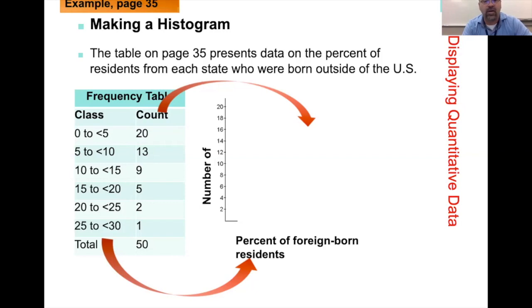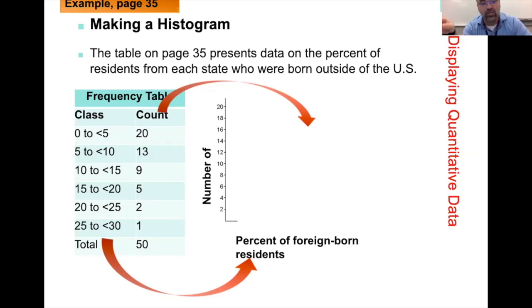So 0 to 5, 5 to 10, 10 to 15, 15 to 20, 20 to 25, 25 to 30. But notice they had to put in the less than symbols, because if we had a state that had exactly 5%, it can't be in more than one class. The frequency has to add up to 50 because there's only 50 states. So it's from 0 to less than 5%. If it's exactly 5%, it goes in the second class, because that's 5 up to less than 10%. So if it's 9.99, it goes in the second class.